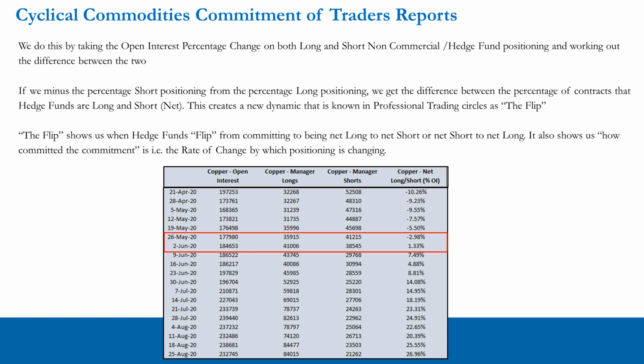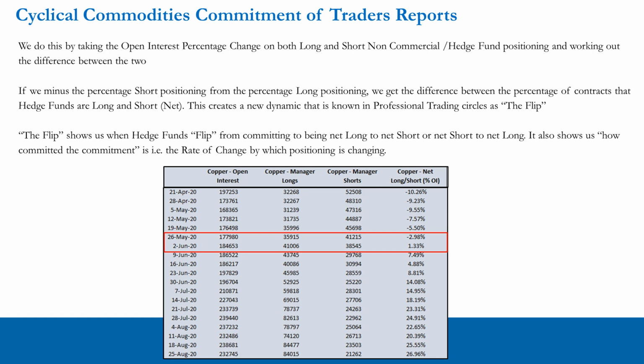And you can see on the right-hand side in the fourth column the flip occurring at this stage. So the flip occurs in the week of the 2nd of June, 2020. What this means is that the net positioning of the hedge fund community in copper has gone from being net short to net long. So they've gone from being, as the professional trading community, bearish to bullish. So right there in that week, you can see the flip occurring.